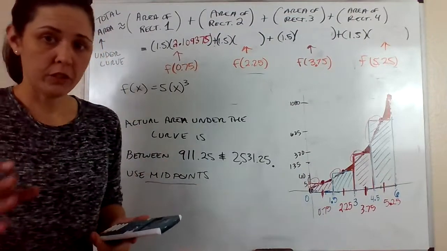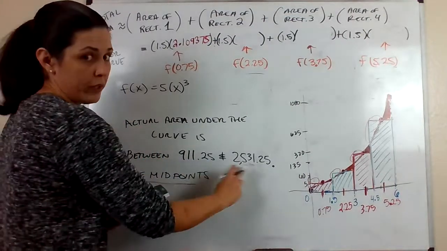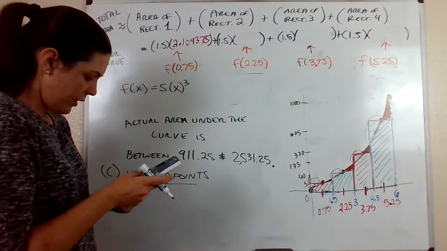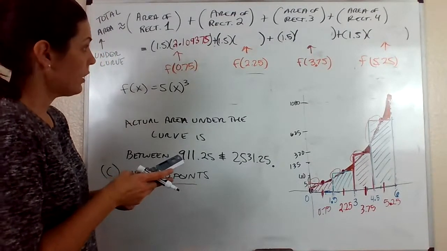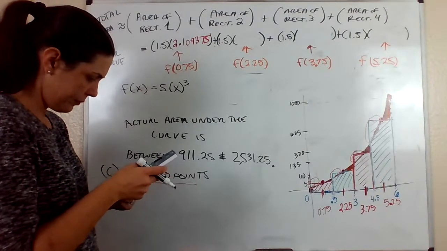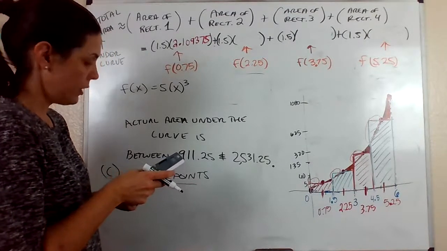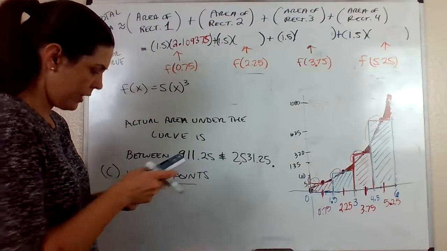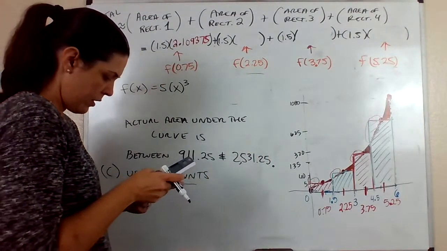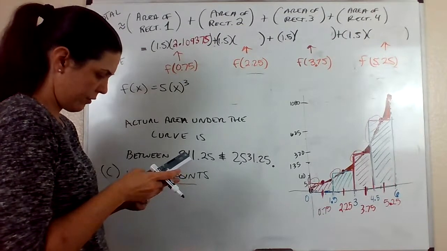And remember, our answer, just so we know if we're on track, it should be between these two other answers. Next one, 1.5 times if we plugged in 3.75. And the last one, 1.5 times if we plugged in 5.25.